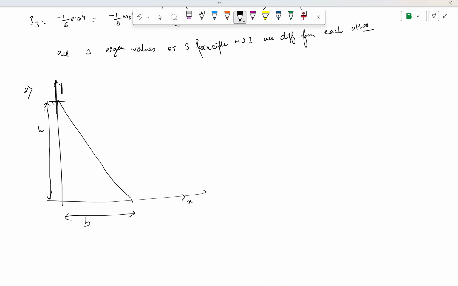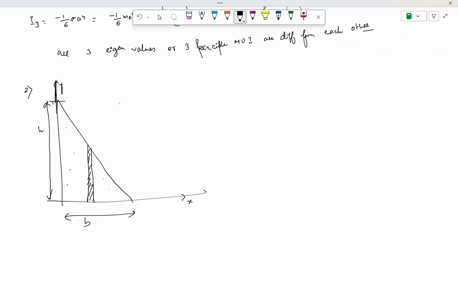Now, to make this problem easier, we have to choose a small mass element from this entire structure, because there is a mass distribution here. Everything here will have a mass distribution where the surface mass density sigma is taken as unit.